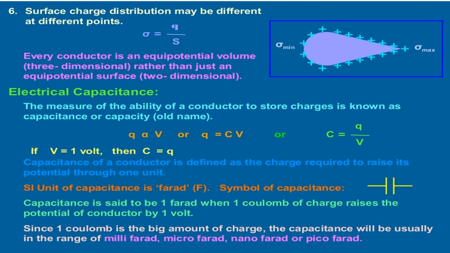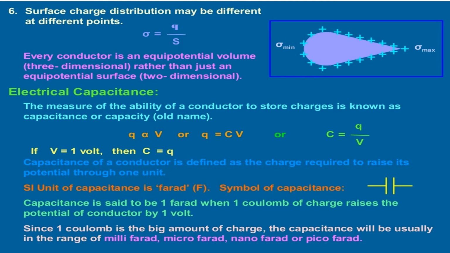The larger the radius of curvature, the smaller the surface charge density, and hence where the radius of curvature is less, surface charge density is more, and vice versa. That is why pointed ends and sharp edges have more surface charge density. Every conductor is an equipotential volume, three-dimensional, rather than just an equipotential surface, which is two-dimensional.